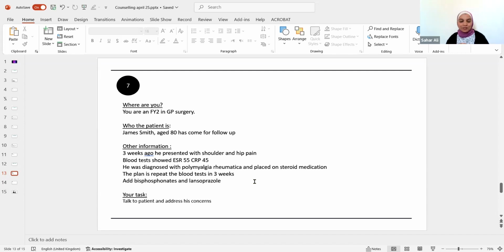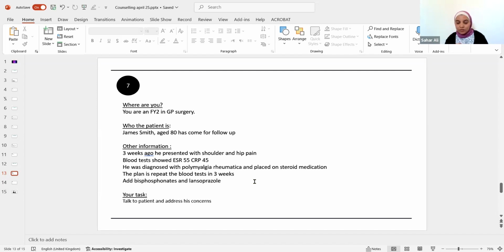Don't just tell him, it can cause osteoporosis, it can cause ulcers in the stomach. You can tell that, but without scaring the patient. Tell him, all right, there are many side effects of steroids, as with any medication in our life. Any medication has its own side effects.